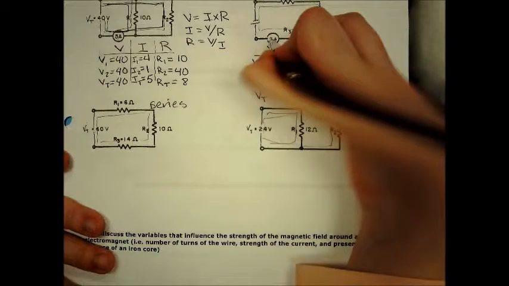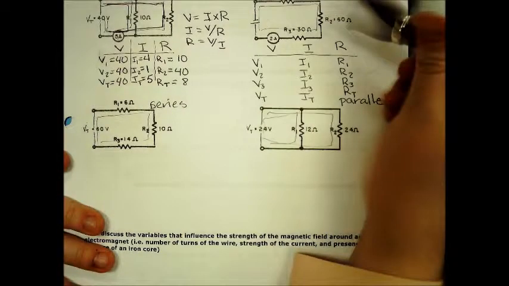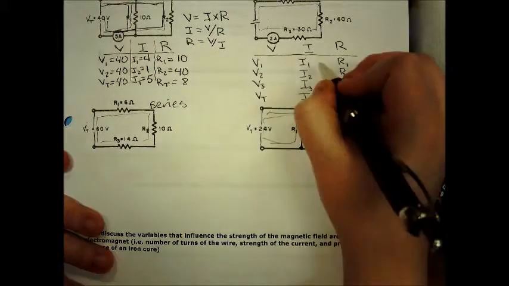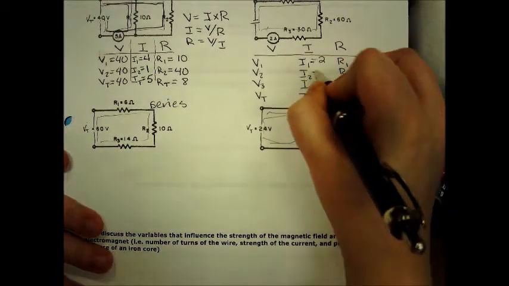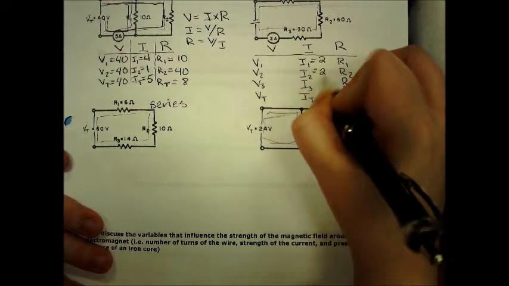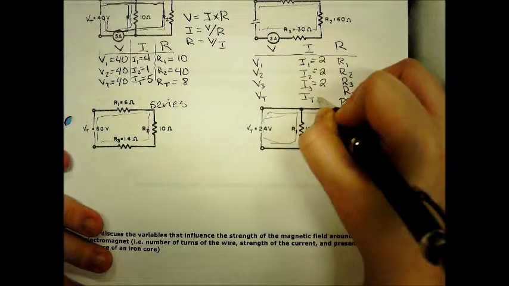All right, well, they give us one current, and for a series circuit, the current is always the same. So we can just put that 2 in every space on here.